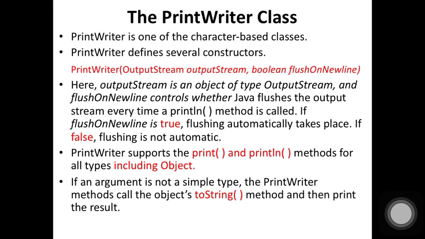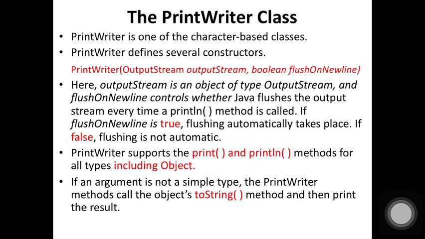If the value is true, flushing is invoked on a new line, and if the boolean value is false, it is not. PrintWriter supports the print and println methods. Previously we did this with the write method, but PrintWriter has two methods with the names print and println.